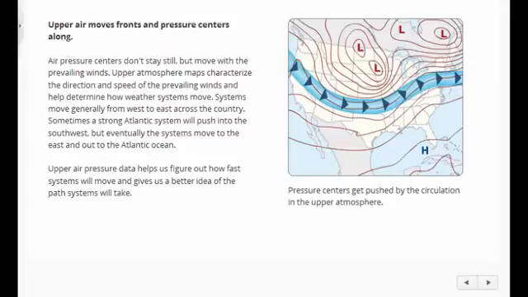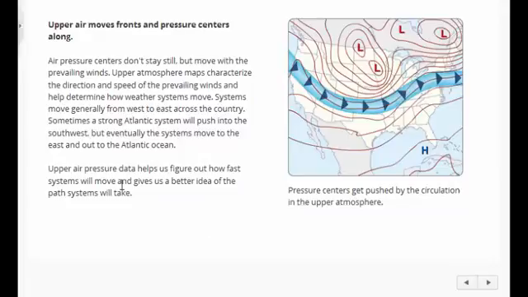Upper air moves fronts and pressure centers along. If you're just looking at a surface map and not an upper air map, you might have a hard time telling the direction of the movement of the pressure center in the front.